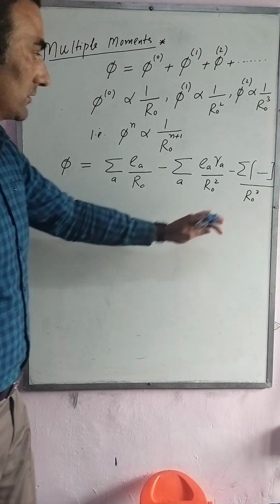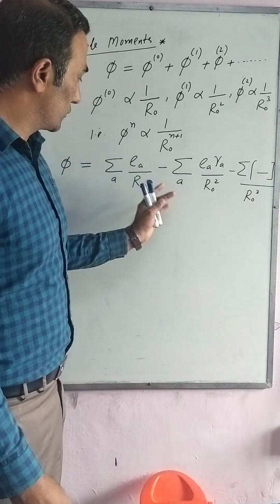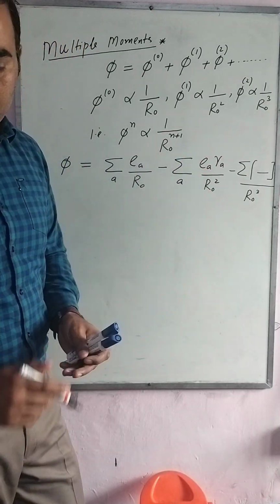Let me expand this term because there may be some more terms, that's why I put a square bracket here. So it is from this monopole, dipole, and quadrupole term.